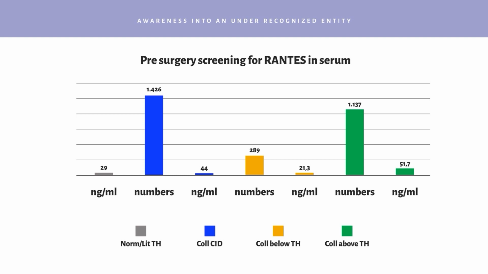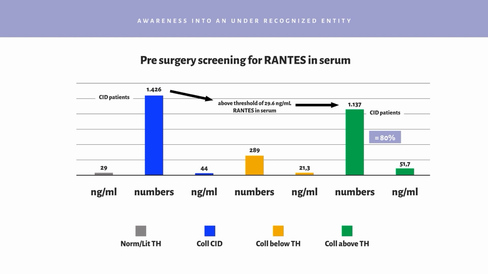1,426 of these patients, and the outcome is that above the threshold of 29.6 nanograms per milliliter of RANTES in serum are 1,137 patients of our collective of chronic immune diseased patients.